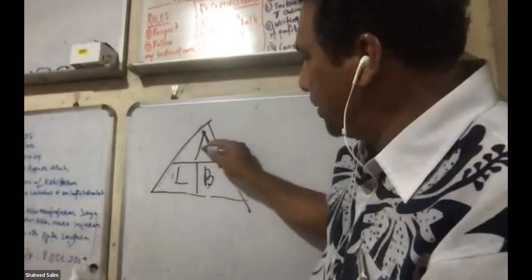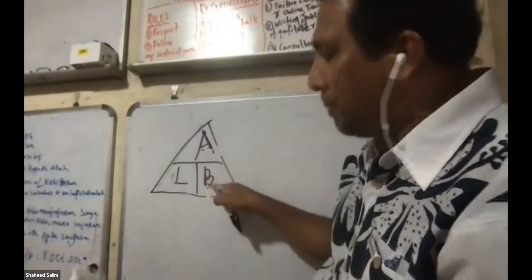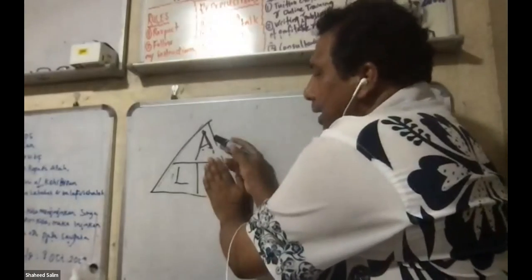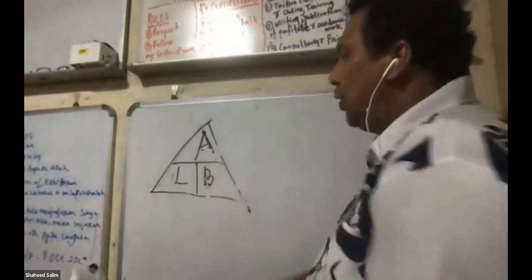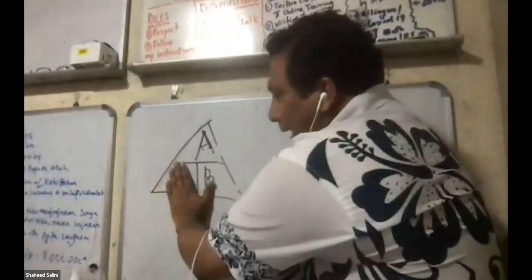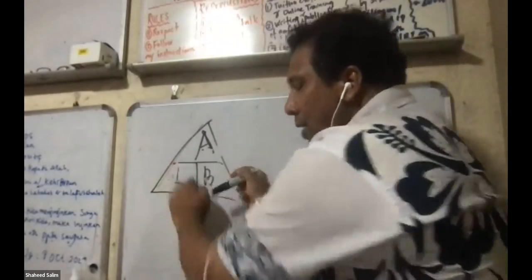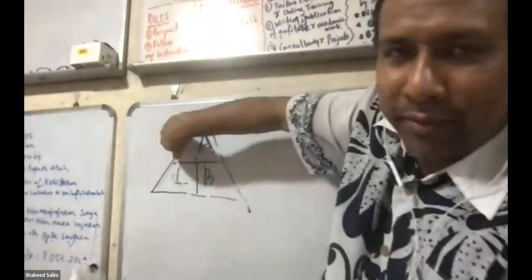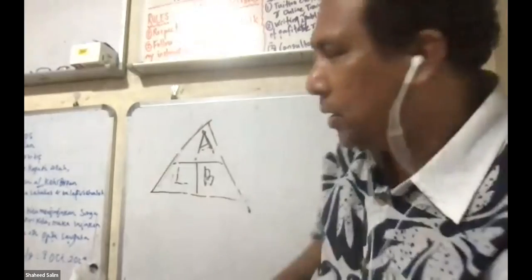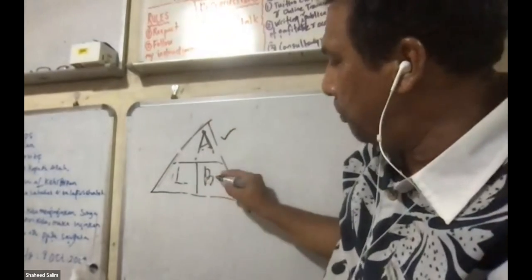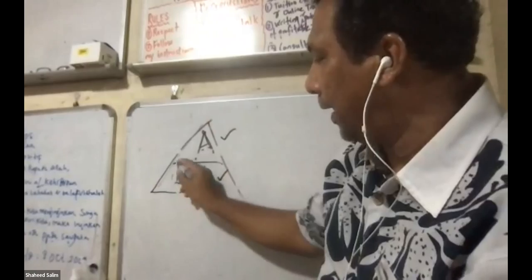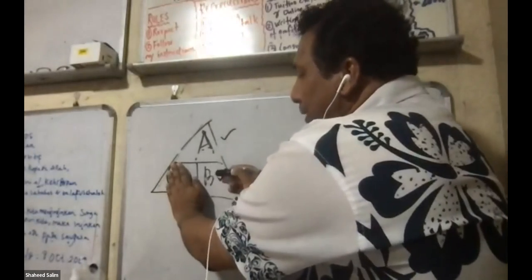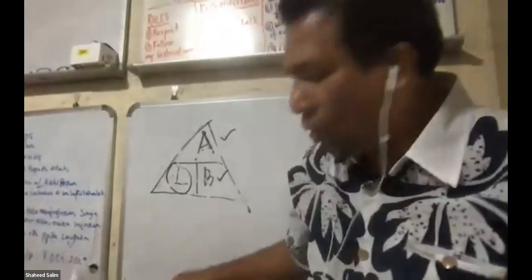One more time. If you want to find the breadth, cover the breadth: area divided by length. If you want to find the length, cover the length: area divided by breadth. If you want to find the area, cover the area: length times breadth. So now, you have the area and the breadth, and you want to find the length. Cover the length: area divided by breadth. So you know the formula now.